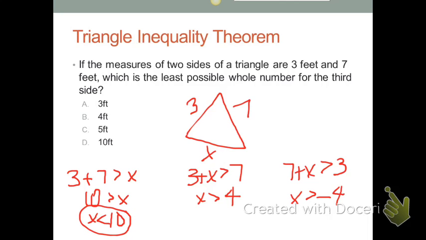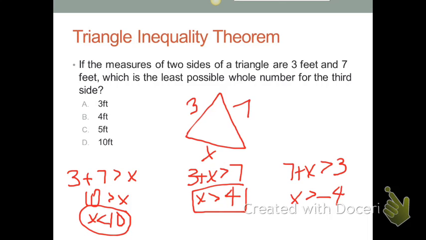But then we're stuck with two inequalities that are greater than. So we know x is greater than 4 and x is greater than negative 4. But if we look at those two inequalities, we can tell that x is greater than 4 fits that inequality, and the x is greater than negative 4 because 4 is greater than negative 4. So we can kind of narrow this down to our x is greater than 4.